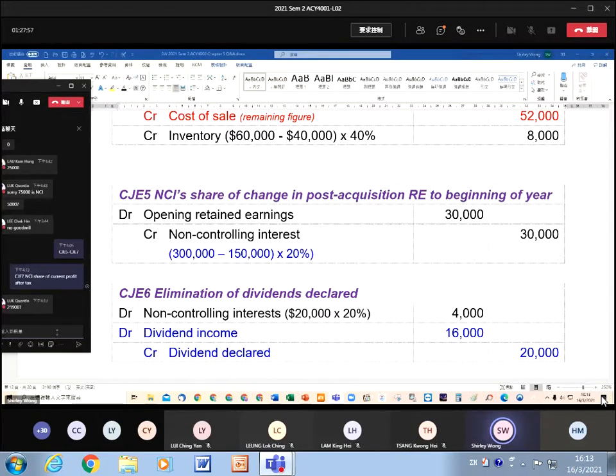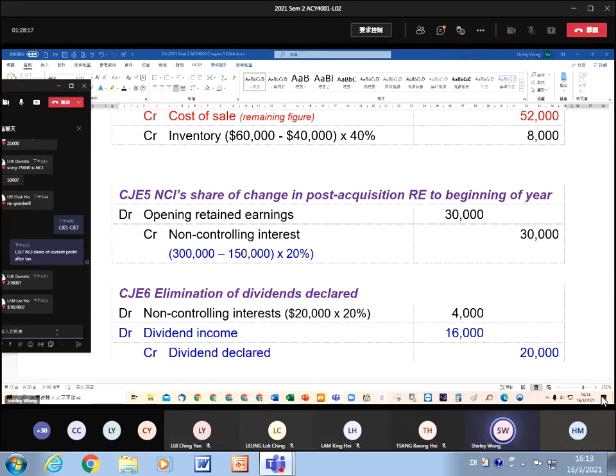Anyone have other figures for CJE number 7, the NCI share of current year profit after tax? 10,900, correct. Thank you very much for your help.